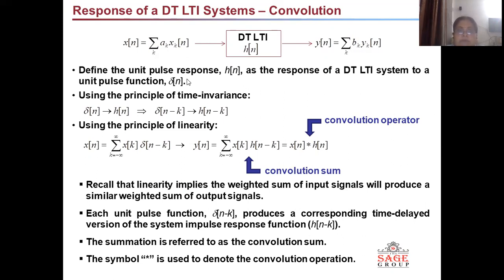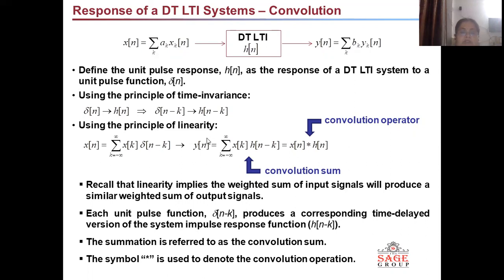So the unit pulse response, that is h[n], is the response of a discrete time LTI system to the unit pulse function delta[n]. The principle of time invariance states that if delta[n] is the input and h[n] is the output response of the system, then if the impulse is shifted by k, the response will also be shifted by k. So delta[n minus k] produces h[n minus k].